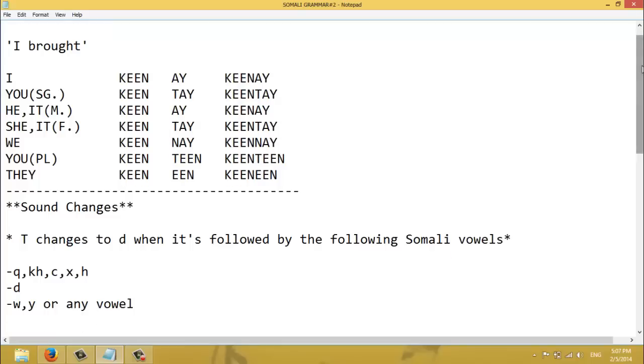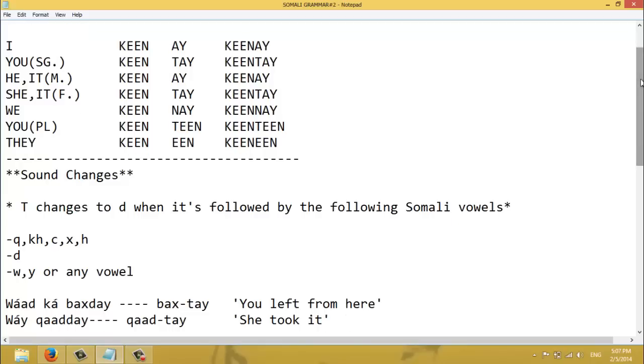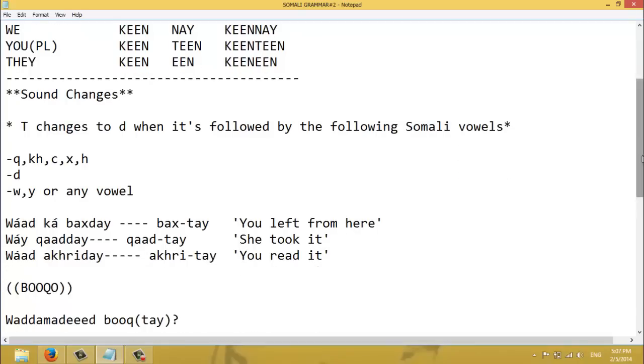Now, I want to talk about some sound changes. For certain words, certain connections in the past tense, you're going to have some changes. For example, T changes to D when it's followed by the following Somali sounds. You have the q sound, the ch, and the other gutturals, as we know.